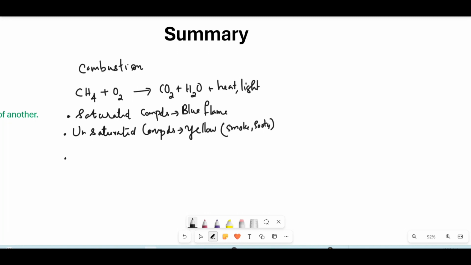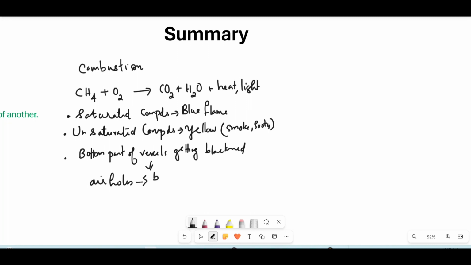Now, one real life application we studied, what is that? The bottom portion of cooking vessels getting blackened. Why? The inlet air holes are blocked. So what happened then?